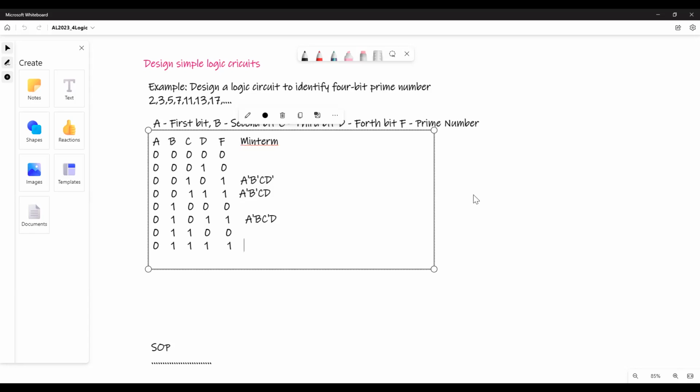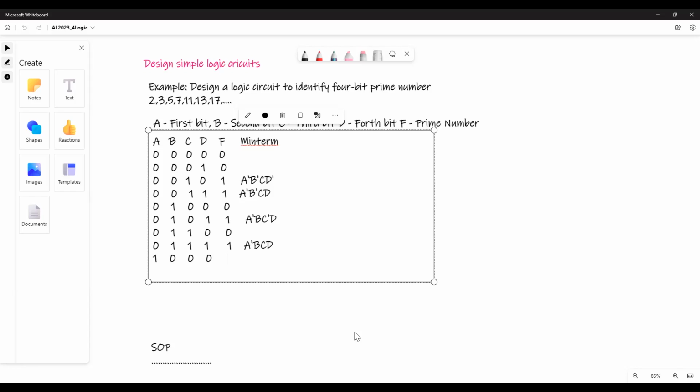So we have designed a logic circuit to identify 4-bit prime numbers. That means these are the prime numbers that I need to recognize. So this one becomes A dash, B, C, D. Then we have 1, 0, 0, 0, right?